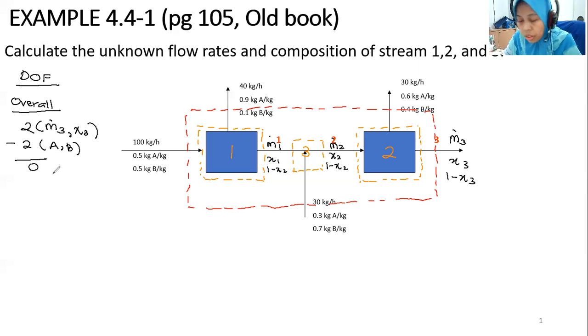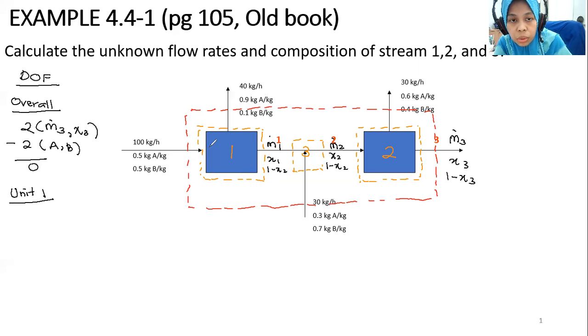Then we proceed to the next degree of freedom for unit 1. For unit 1, just check whatever is in and out of box number 1, within the boundary here.